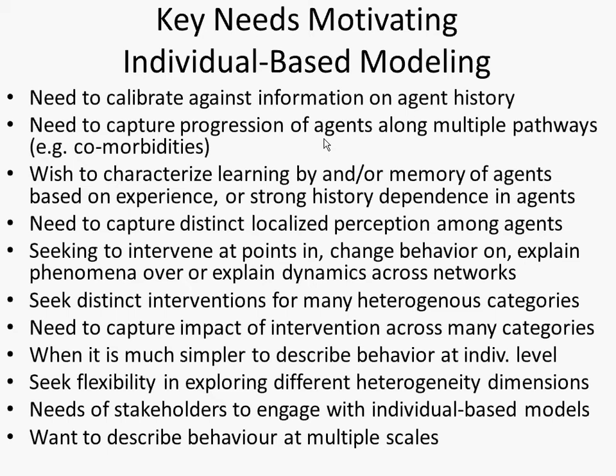If you want to capture localized perception among agents, an individual-based model can be very valuable. What do I mean by localized perception? An agent's behavior may depend on the particular subset of information that they perceive in their current situated context.